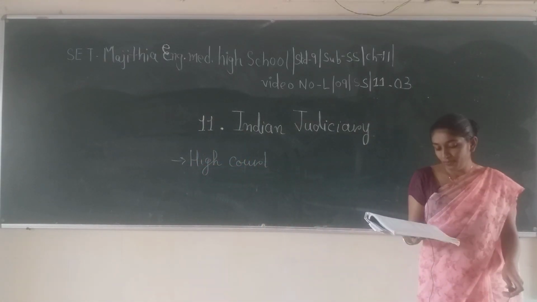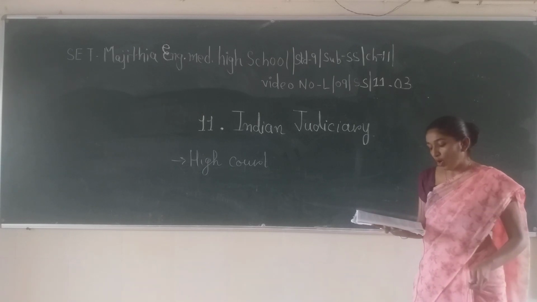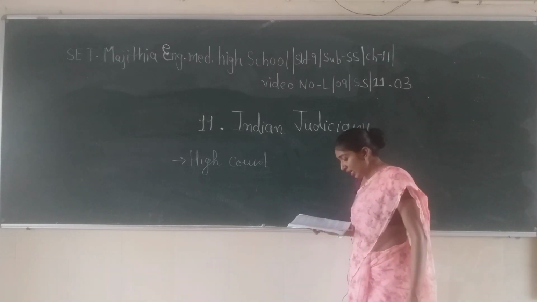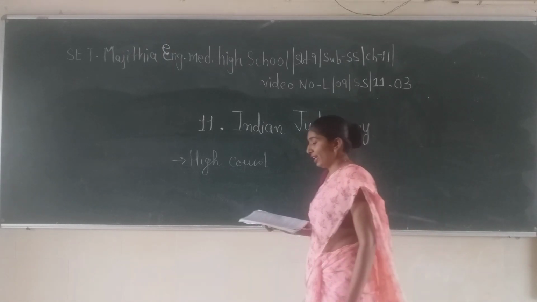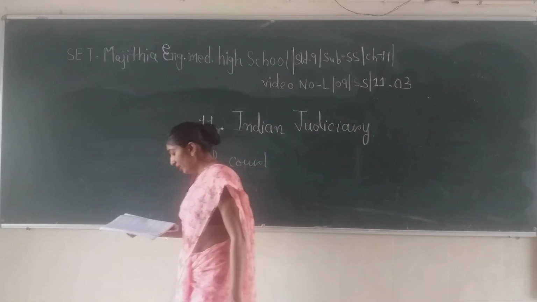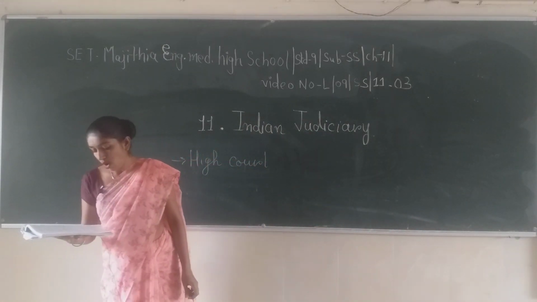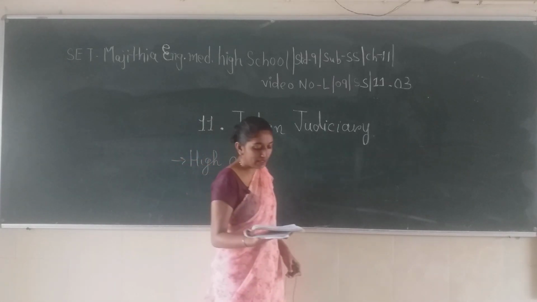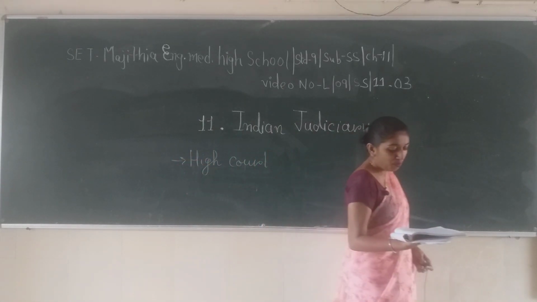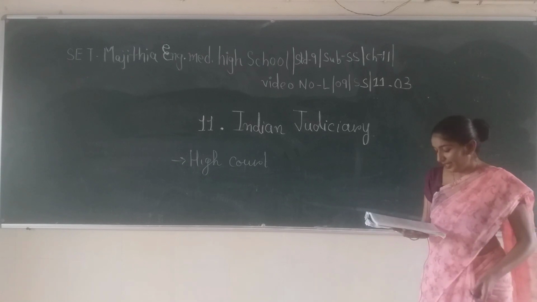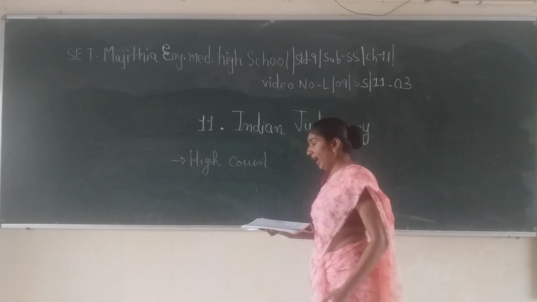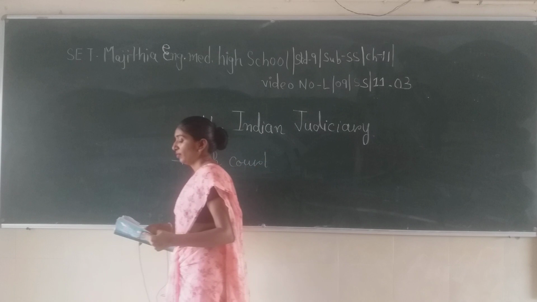In India, there is one common High Court for the state of Punjab, Haryana and Chandigarh. Similarly, under the jurisdiction of the High Court of Assam are the states Manipur, Meghalaya, Nagaland, Tripura, Mizoram and Arunachal Pradesh.